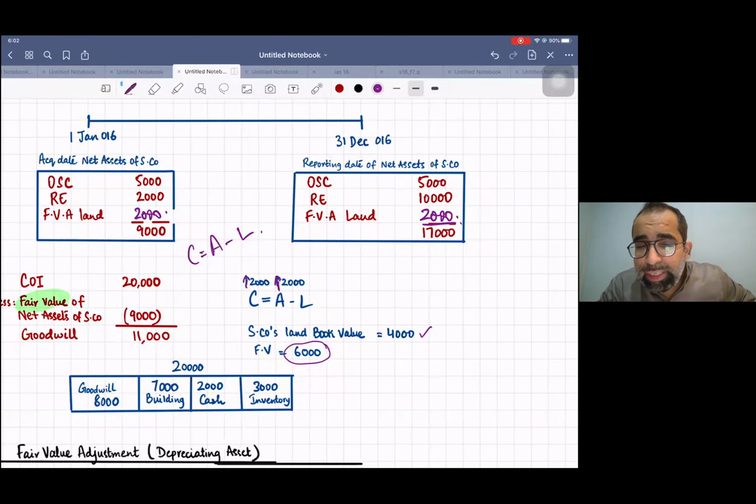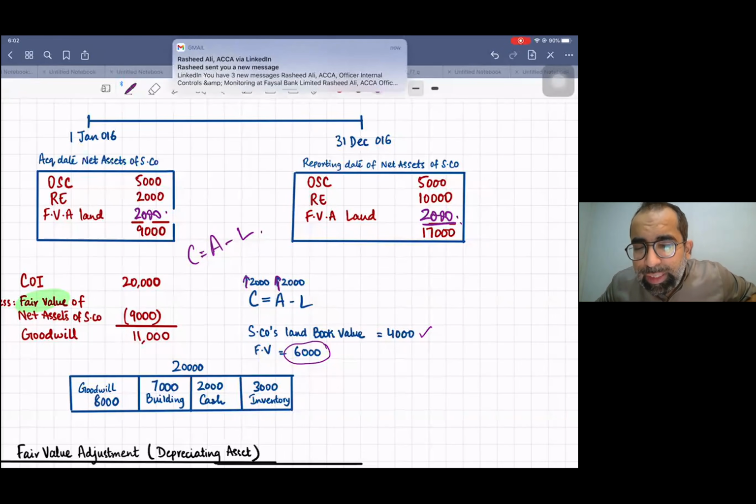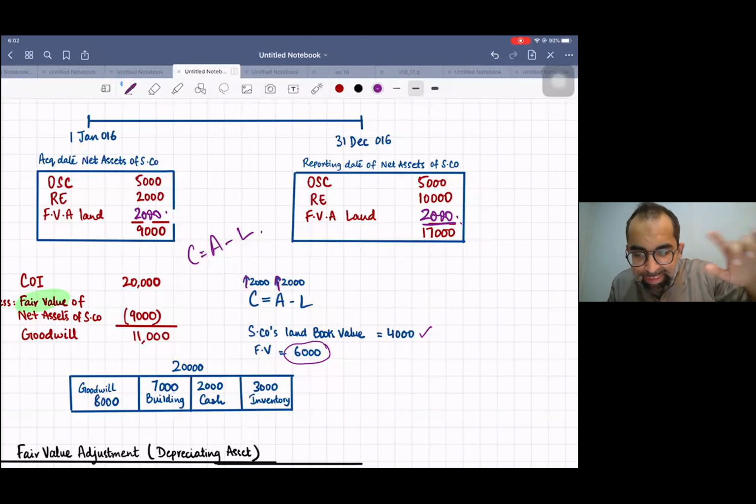As this is a non-depreciating asset, the same amount goes in both packets. The student may ask: sir, you have increased the net assets packet, do you adjust the assets of S company as well?